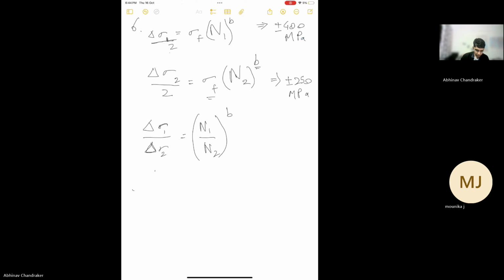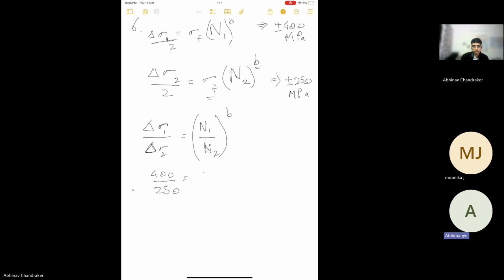So 400 by 250 equal to 2 by 1.2 into 10 raised to minus 2, whole raised to b.